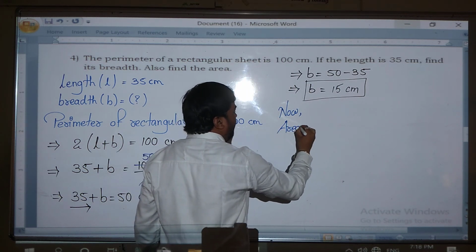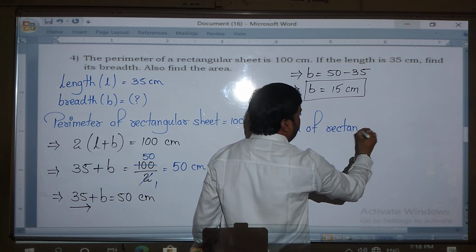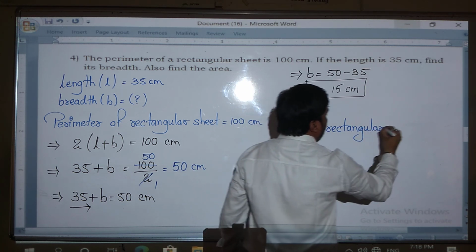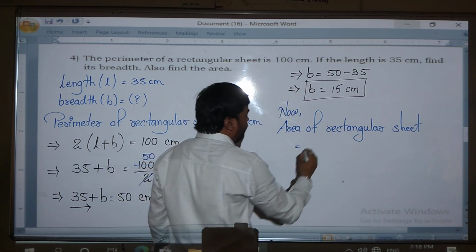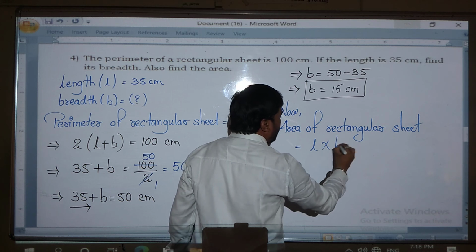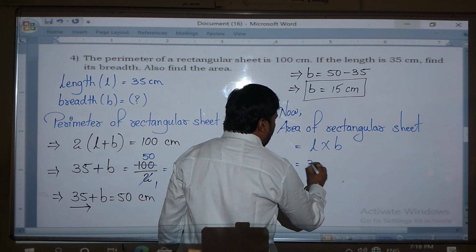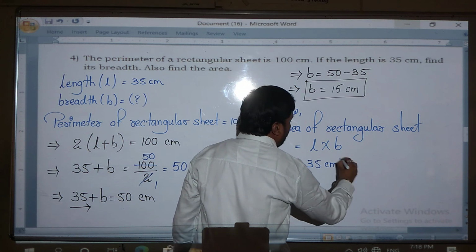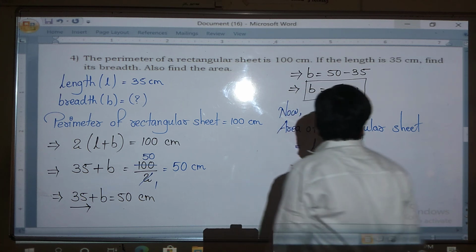Area. So area of rectangular sheet is equal to L multiplied by B. What is L? 35 centimeter multiplied by 15 centimeter.